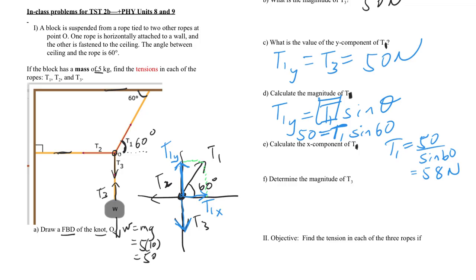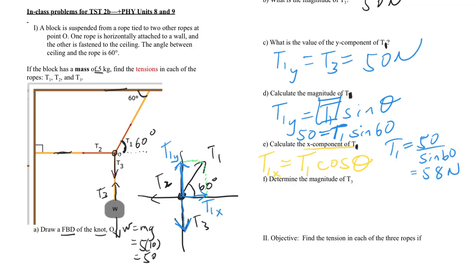Okay, going on. Calculate the x component of T1, so T1x. Well, look on your equation sheet. It's just trig. That's T1 times cosine of theta. Simply put q's in for T1s. Okay, so I'll just solve that.